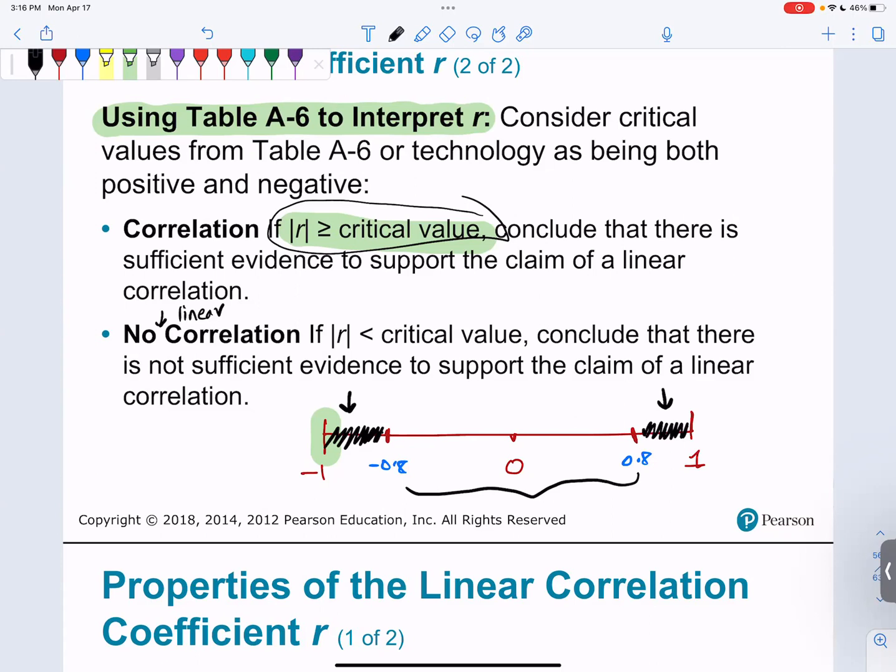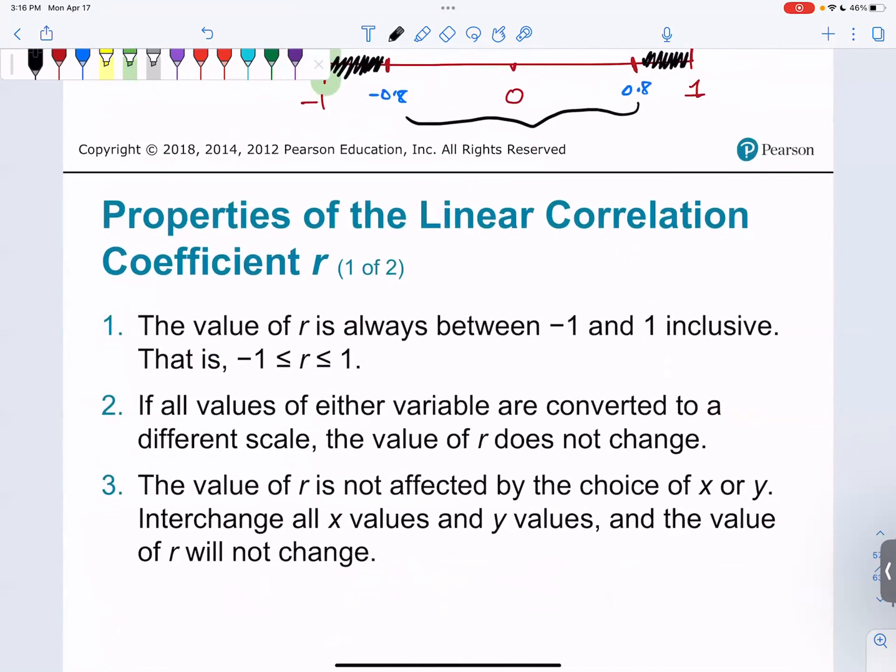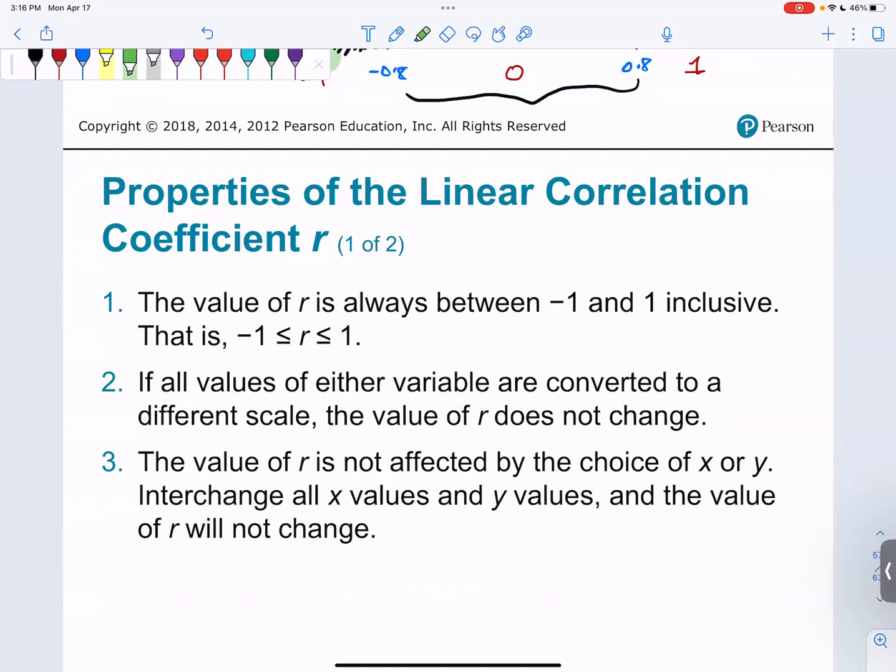So r is just giving us the linear correlation between those two variables. Also, we mentioned before that r is between -1 and 1. Okay, so this is one thing.